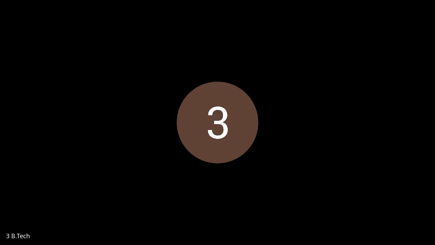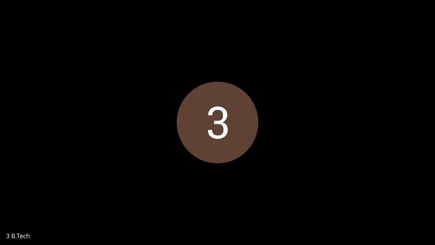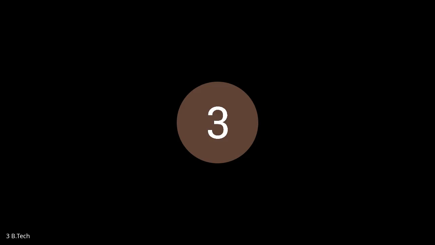First of all, we make the non-inverting terminal ground. Then we are able to find the output voltage due to the inverting terminal only. So the resultant circuit diagram will be like this, considering only the inverting input.